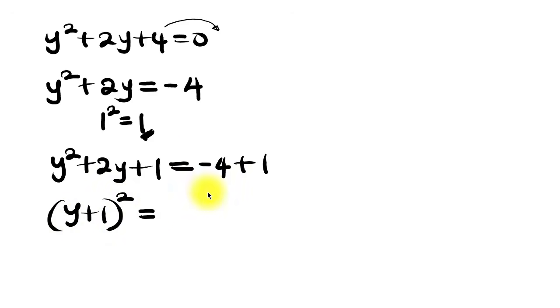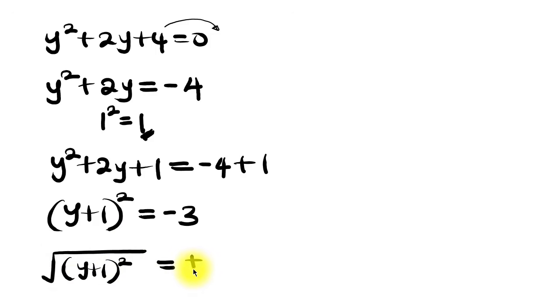And this is equal to negative 4 plus 1, that is negative 3. Now to get rid of this square, we take the square roots of both sides. So I'll take the square root of y plus 1 all squared to be equal to plus or minus the square root of negative 3.